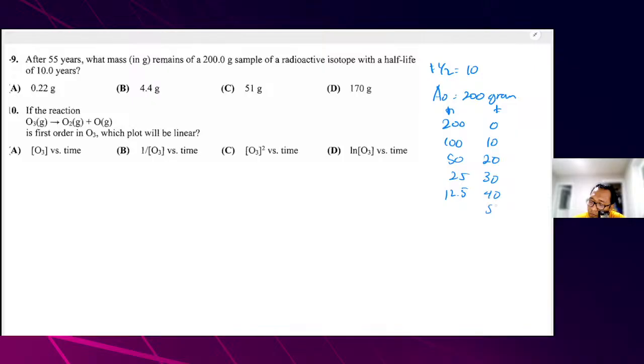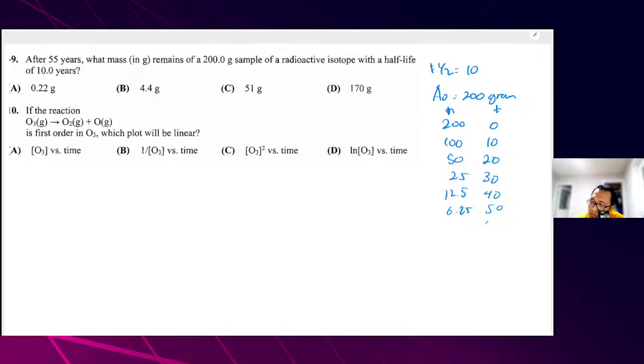If we put in 50 years, it should be 6.25.